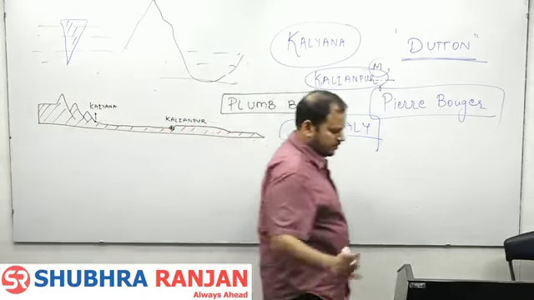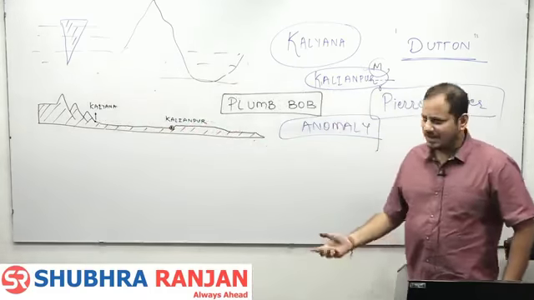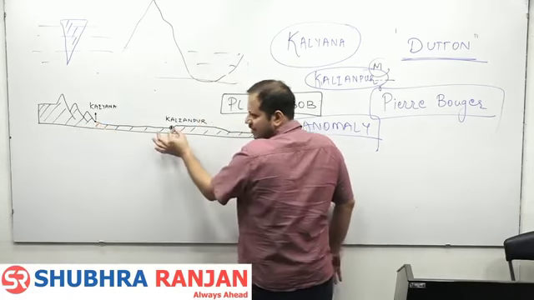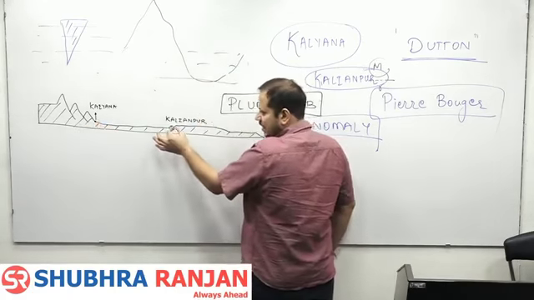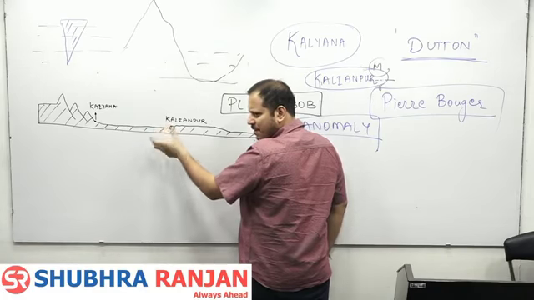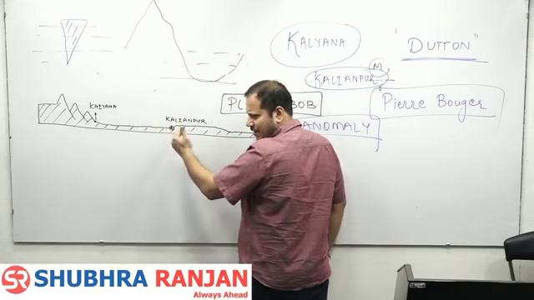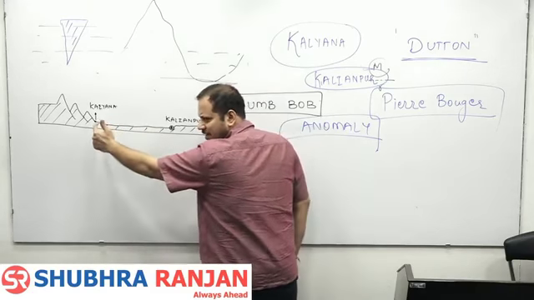Just for your knowledge, this is Kalyana. So he calculated how much is the deflection. Here the deflection came more or less the same. Actual deflection was as much as it should be, slightly less. But here the deflection was very less.